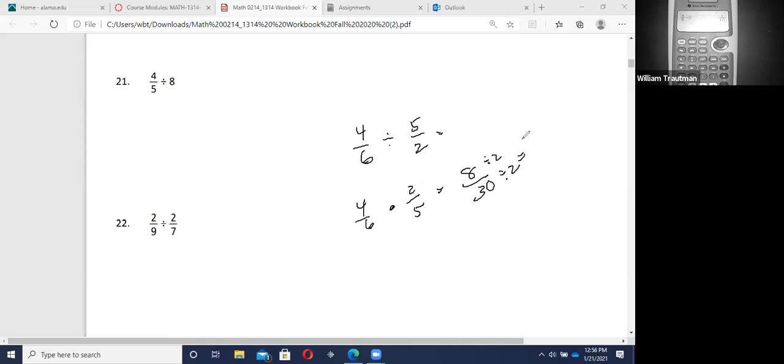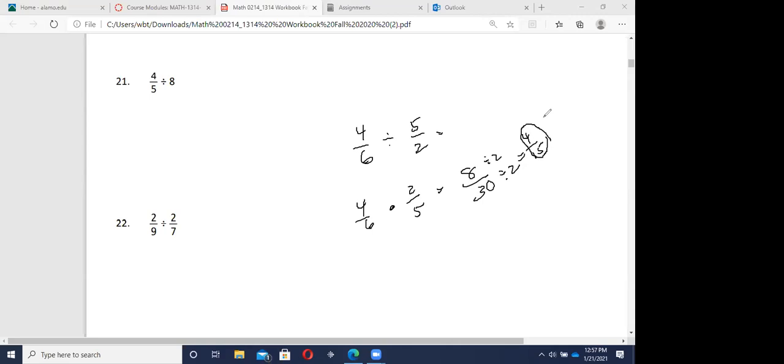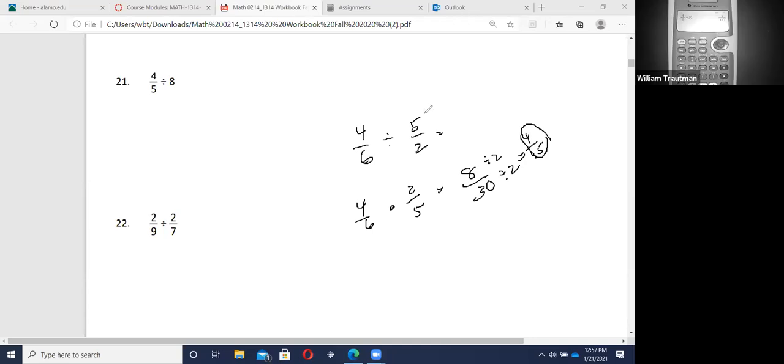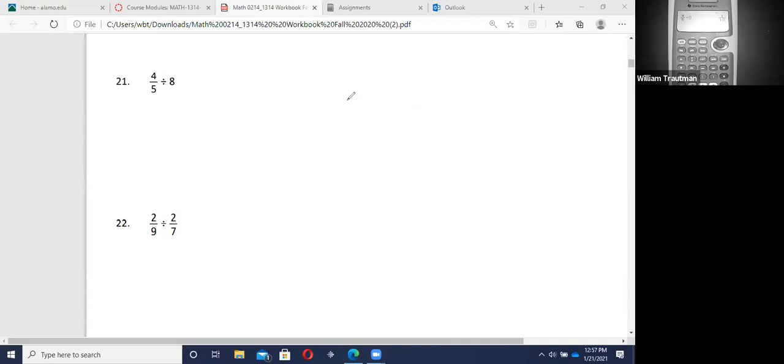Top and bottom are both even. You can divide it by 2, and I get 4 over 15. Now, 4 doesn't divide into 5. 4 has 2 times 2, and 2 can't divide into 15. You can also divide 4 by 4, but you can't divide 15 by 4, so it doesn't need to be reduced anymore. Okay, I understand now. Good. Thank you. And your calculator does do the reducing for you.